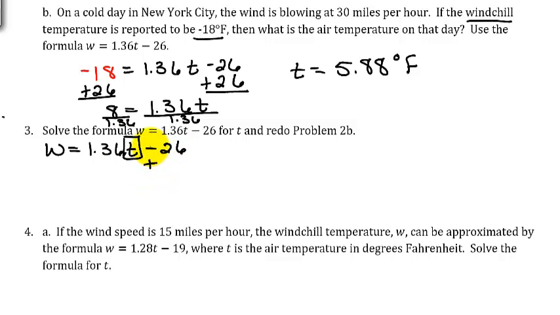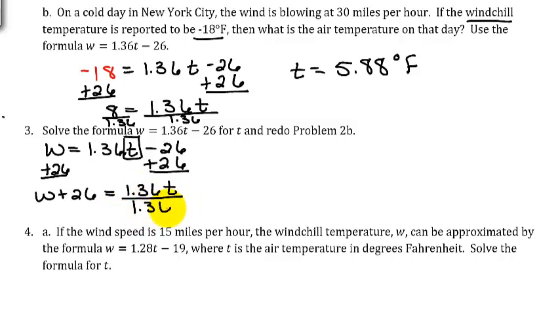This is minus 26, so to undo that, we're going to add 26 to both sides. So now over on the left, we have W plus 26, and it's equal to 1.36T. And then to finish getting T alone, we just need to undo that multiplication of the 1.36, which means to divide by the 1.36. And so we get the equation T is equal to W plus 26 divided by 1.36.